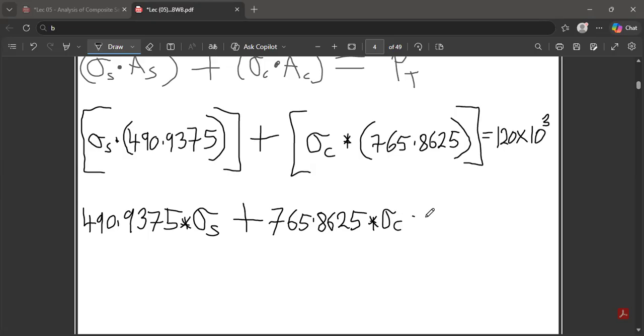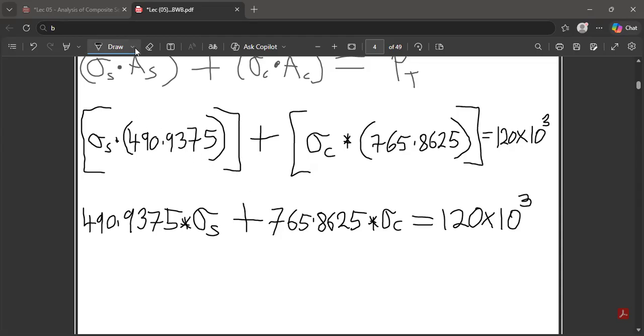So as you are seeing, all of it is going to be equal to what? 120 times 10 exponent 3. Exactly. So at the end of the day, we can denote this as our equation 2.